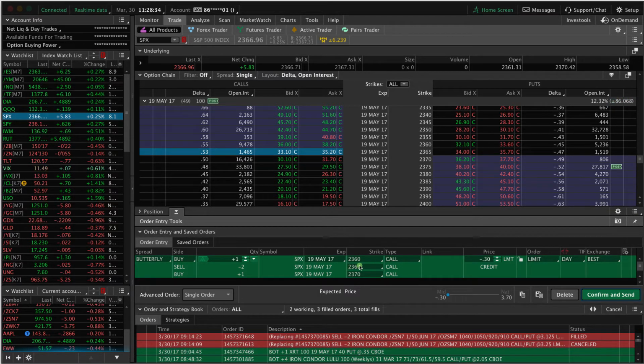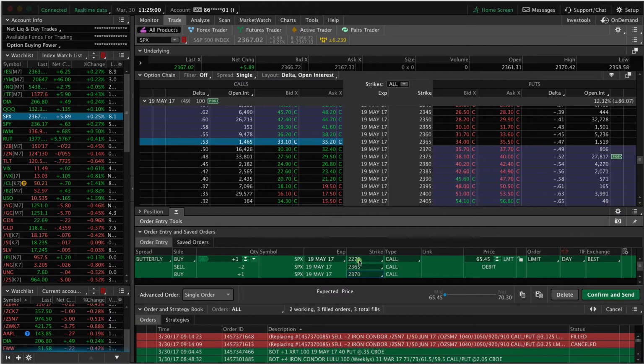And then we want to put our long wings, the strikes we're buying, just outside that expected move. So call it 90. So on the downside, we'll look at 22.75. So we'll pick the 22.75, and then on the upside, we will pick the 24.55.